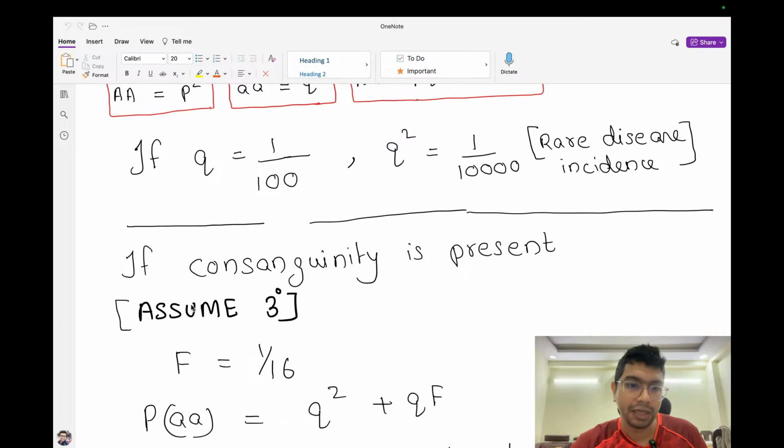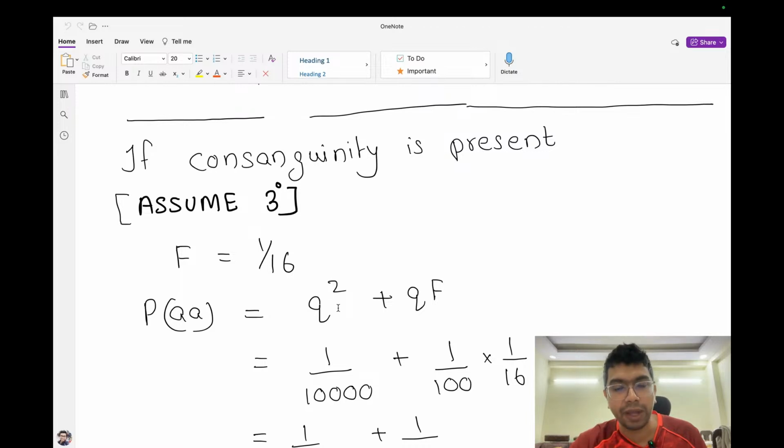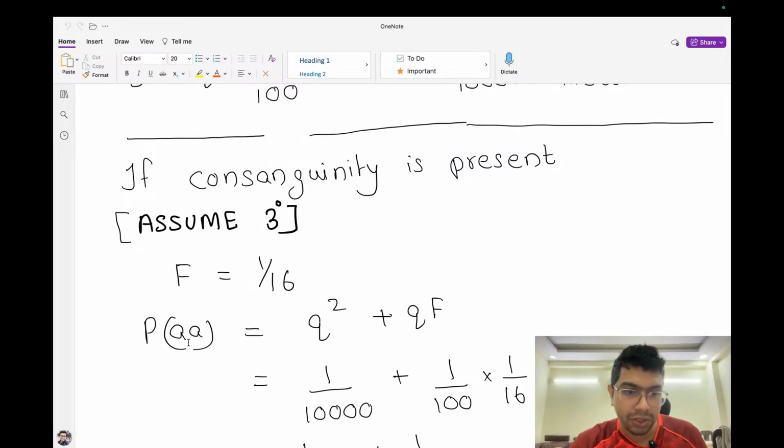However, if consanguinity is present, for example's sake, I am assuming that there is third degree consanguinity, the most common consanguinity that we often see in our OPD. Then we have to give a correction factor for the equation. The probability of autosomal recessive configuration will be Q square, that is there in the equation, plus Q into F, the inbreeding coefficient.